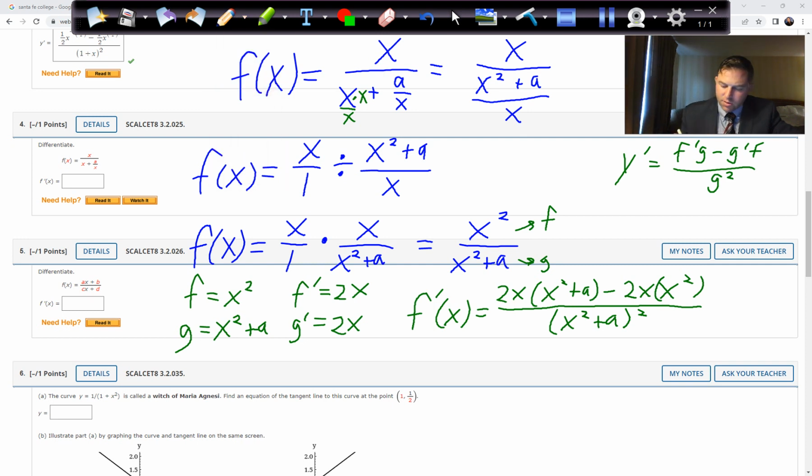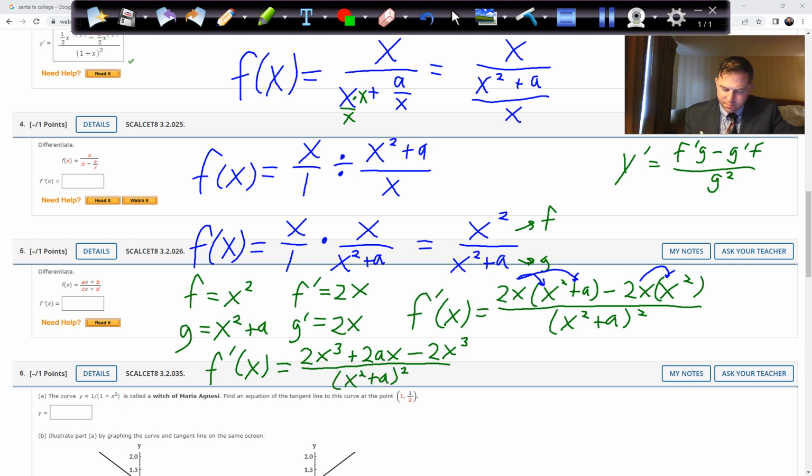Okay, now we'll do some distributing, 2x into both of these, and then the 2x into the x squared, and we should get 2x to the third plus 2ax minus 2x to the third all over x squared plus a squared.